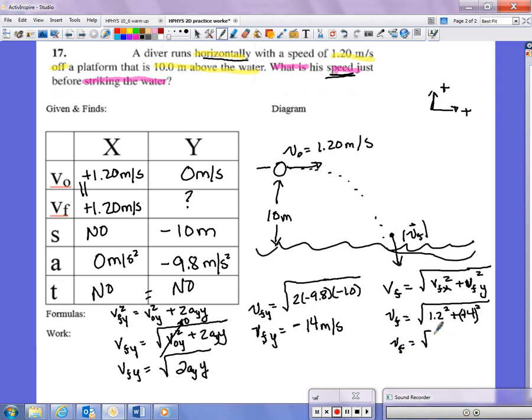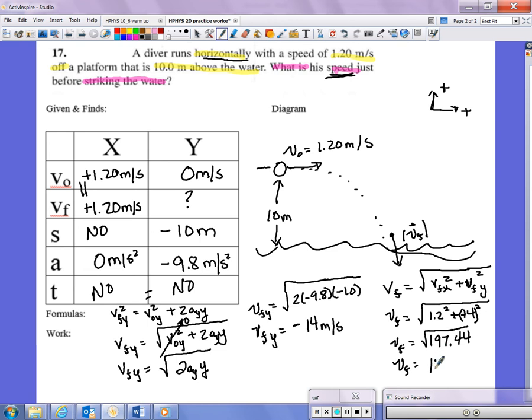Alright, but it's a good habit. And then if you want to do these extra numbers, 1.2 squared plus negative 14 squared gives you the square root of 197.44. And honestly, it doesn't make any difference to me whether you show that. I'm putting it in here just in case you have done it that way so that you can see that step to see if the error was there.